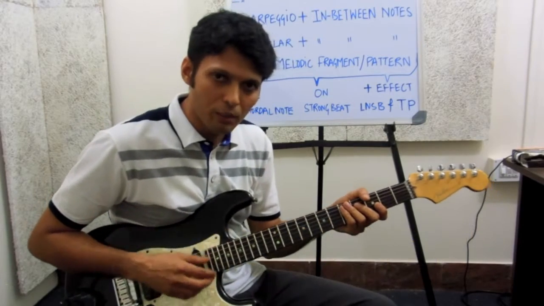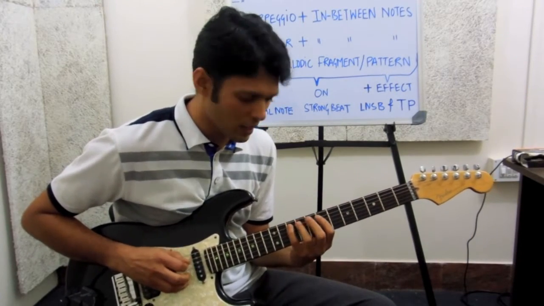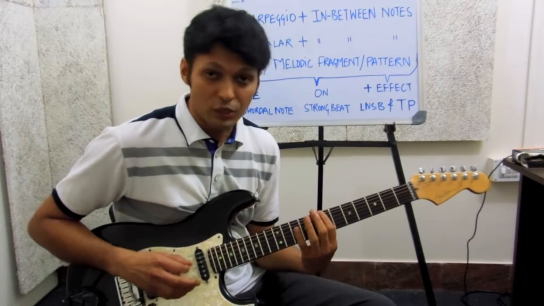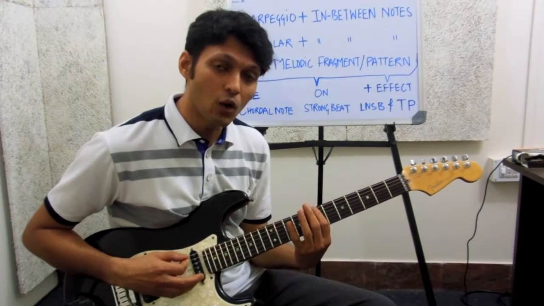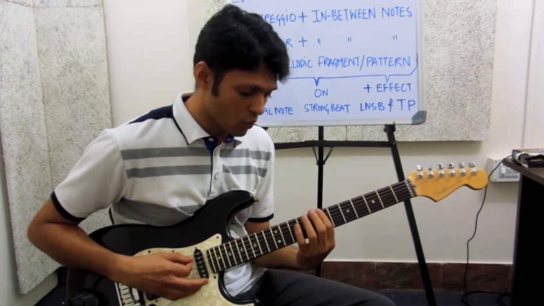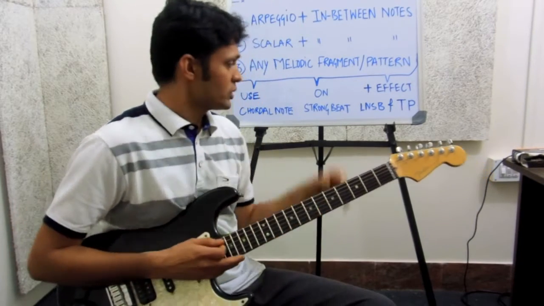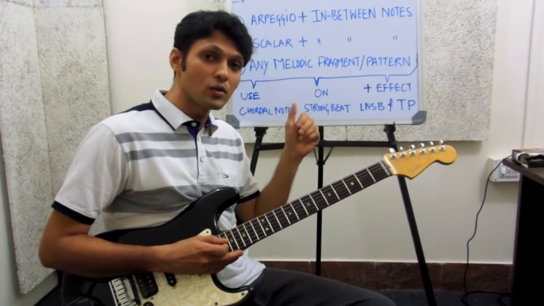So the backing chord being B minor 7, if I look at my first phrase, which goes something like this: 1 and 2 and 3 and 4 and 1. The strong beat that we've chosen is beat 1, and we're landing on Do. This is Do with respect to the chord B minor 7. So the first tenet is being adhered to. We are playing a chordal note on the strong beat.